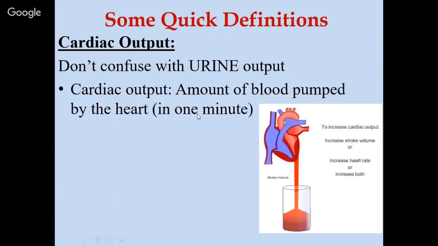Stroke volume is the volume of blood pumped with each beat, and you multiply that by the heart rate, which is beats per minute. So every time it beats, that's one volume of blood. That is your cardiac output. It's about 4 to 8 liters a minute.